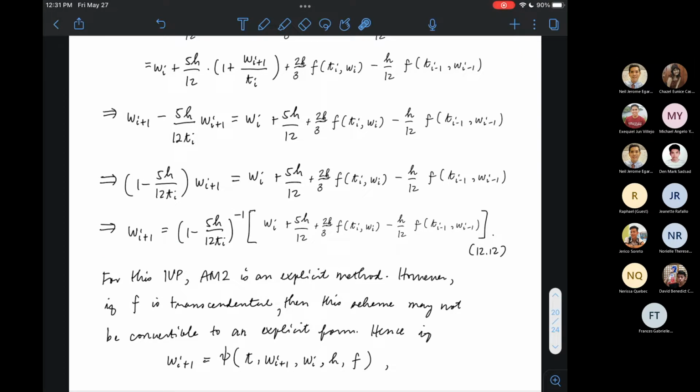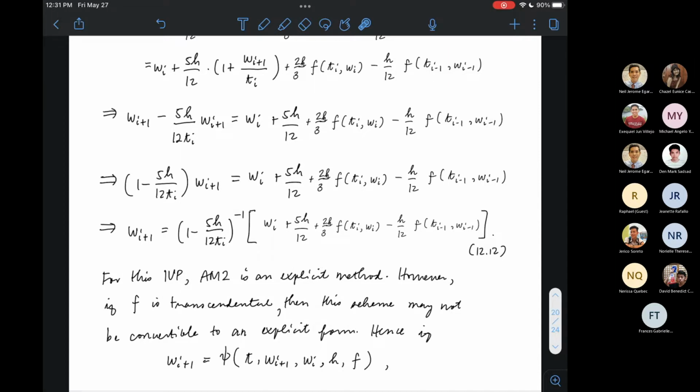Okay? So hindi pala siya ganon ka-problematic. Kasi kaya ko pa siyang isulat as an explicit method. But here we got lucky because little f is not that complicated.